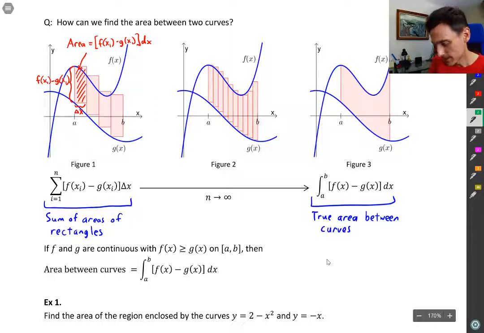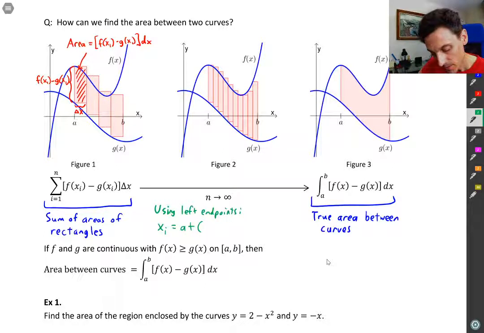So it would look something like this. Using left endpoints, x sub i would be a plus, and then depending on your i, it would be i minus 1 times delta x.